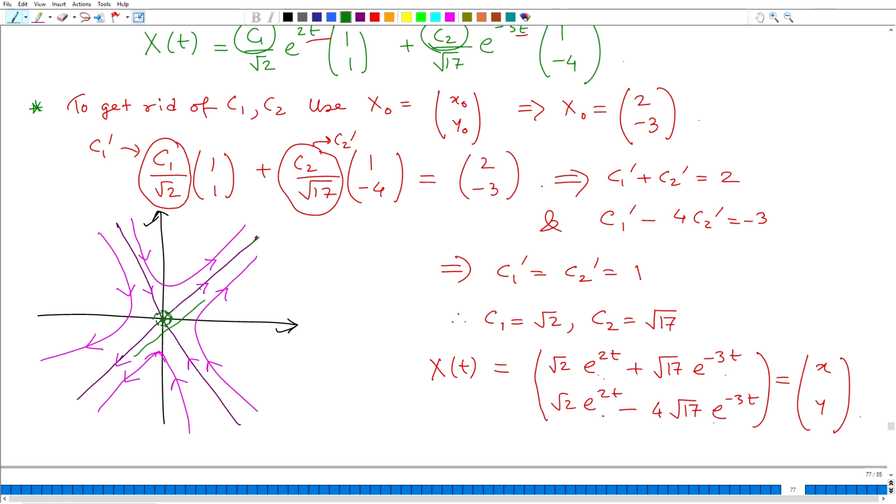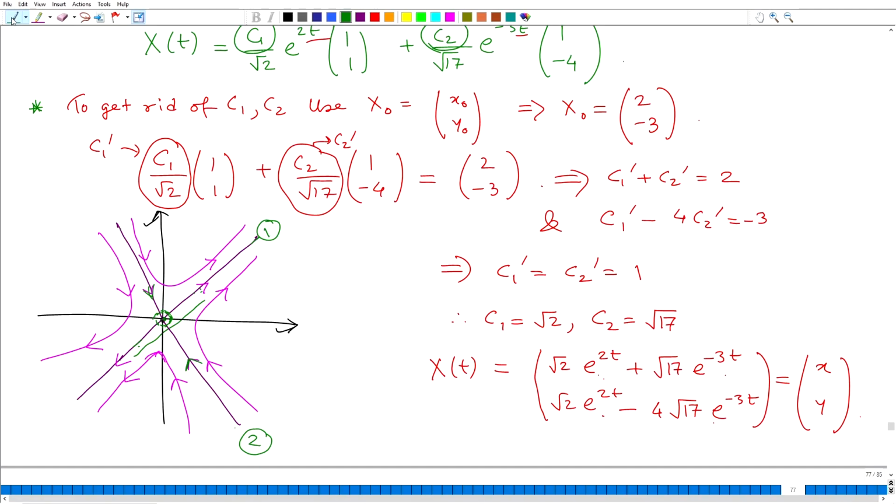You can actually show that with respect to this direction, let us say 1, this fixed point is acting like a repeller, but on this other eigen direction 2 it is acting like an attractor. That is exactly the case where we talk about a fixed point called a saddle point, and the corresponding fixed point is known as a saddle point.